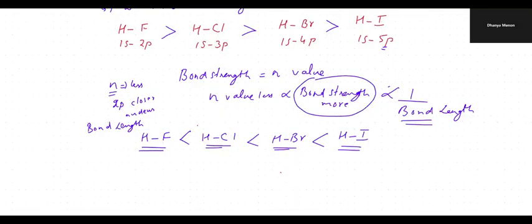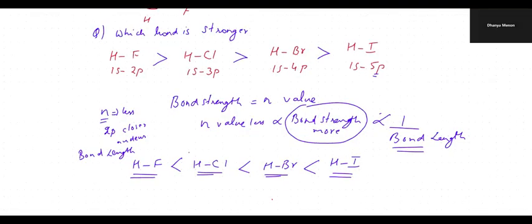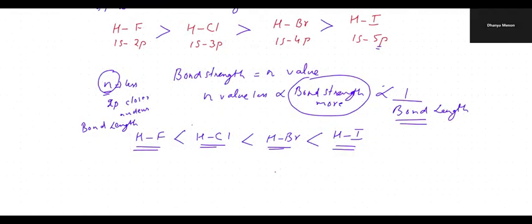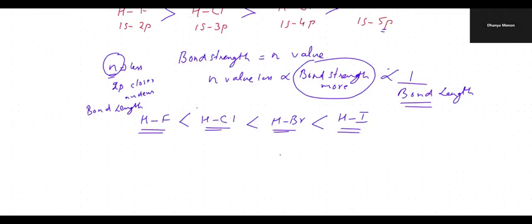These types of questions are very important. Whichever molecule has lesser N value, the bond strength will be higher for that molecule, and if bond strength is higher, the bond length is lesser.